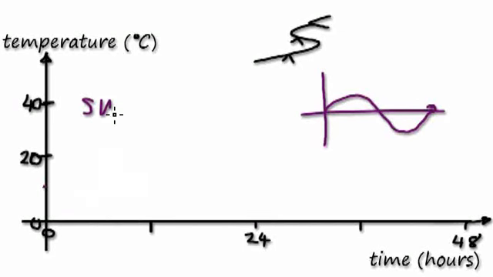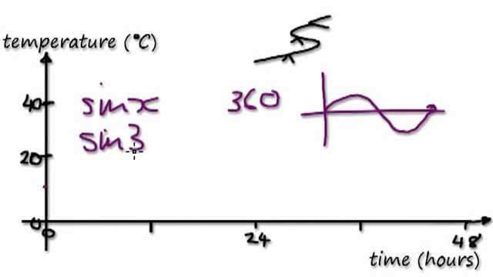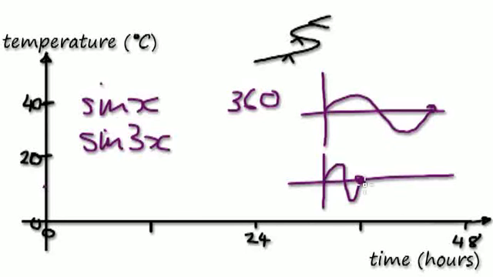So this is sine of x, and that gives us 360. Now, if you have sine of 3x, well, sine of 3x would give us this: 1, 2, 3. Then this distance here would be 120.